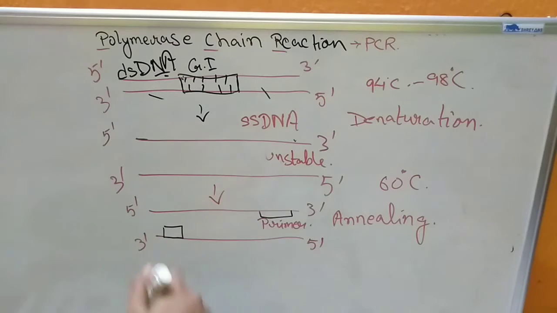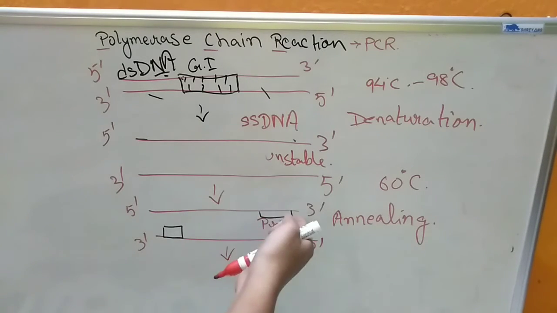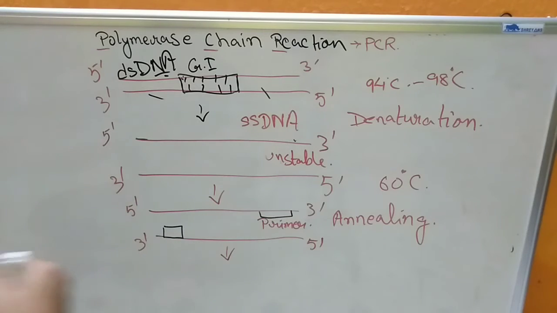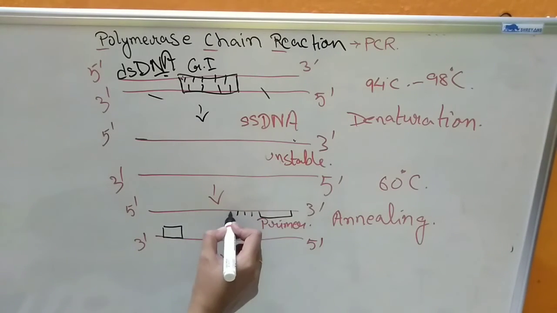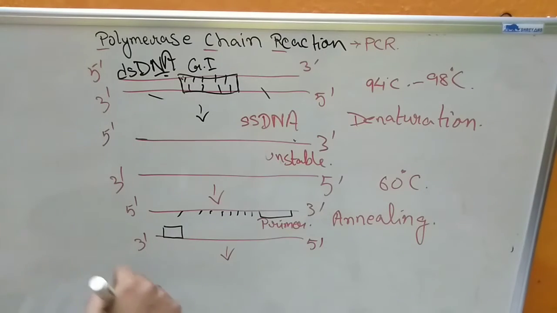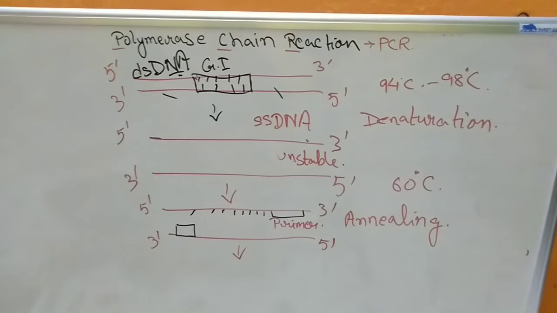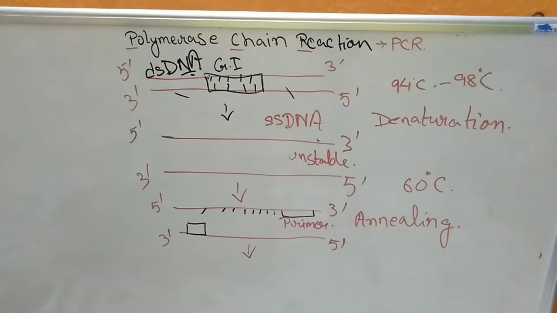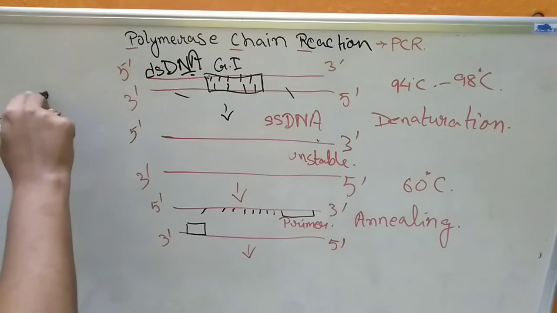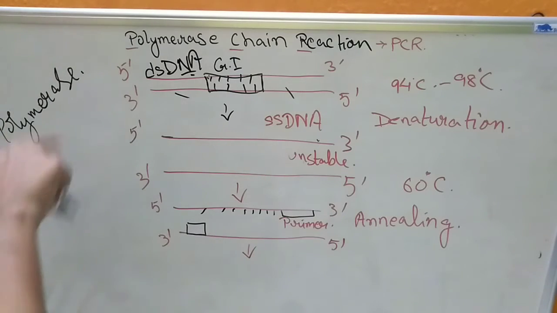Now the next step is that these primers will be elongated by the addition of further base pairs. As we have studied in DNA replication and transcription, the polymerase enzyme is responsible for the addition of DNA base pairs.